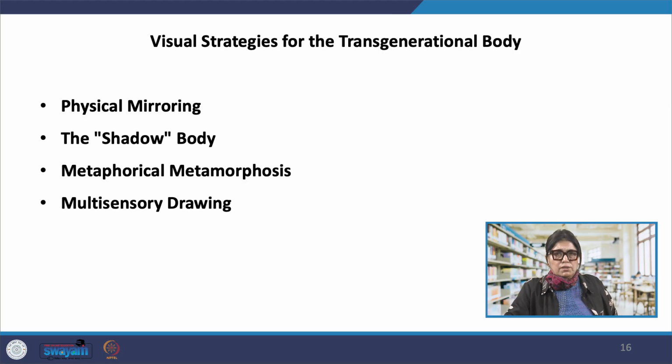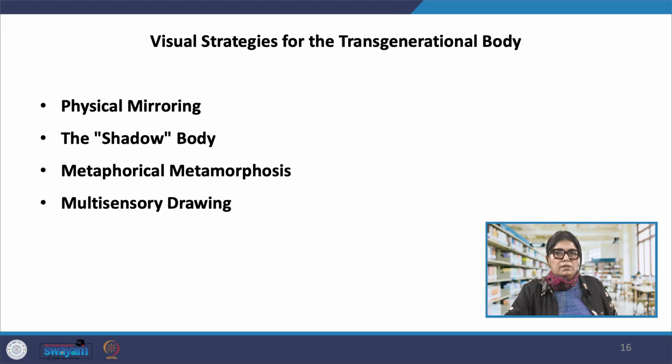Metaphorical metamorphosis: creators use biological or surreal imagery, such as roots, botanical growths, or grotesque distortions, to show how historical trauma shapes the physical form of the next generation. Multisensory drawing: by attending to sensory details like a smell or touch in their illustrations, authors relocate the self within the historical body of their ancestor.